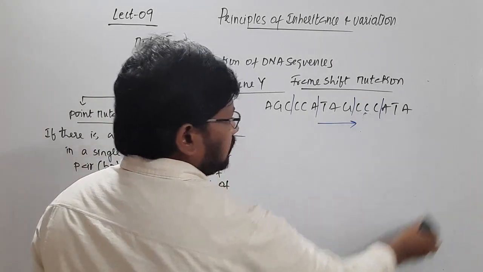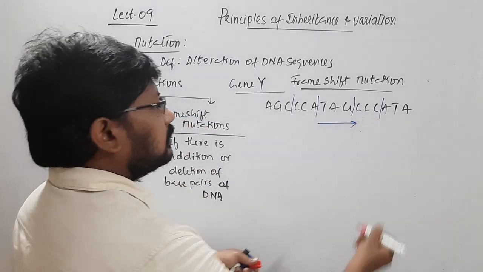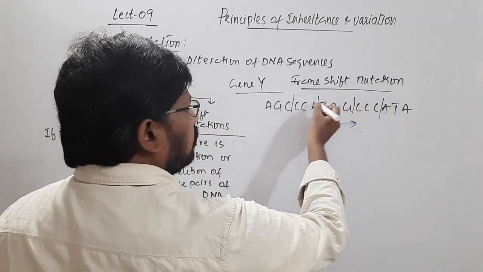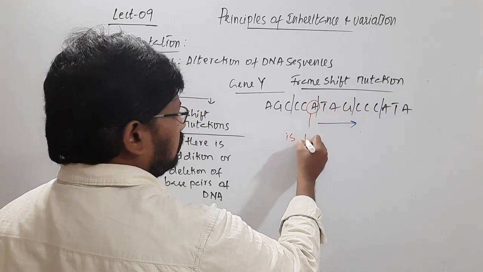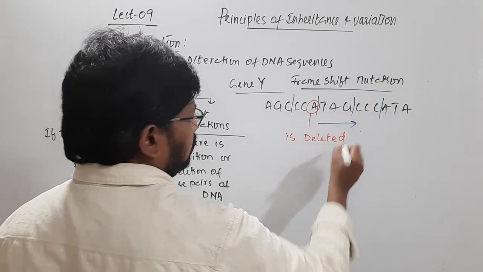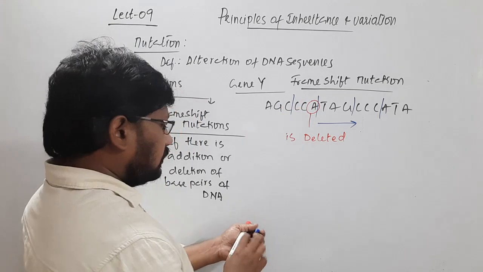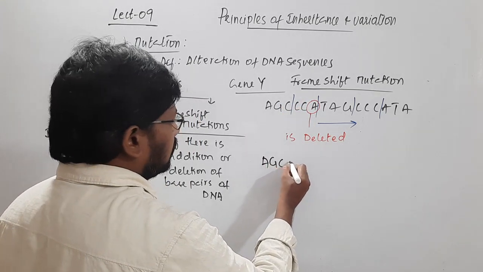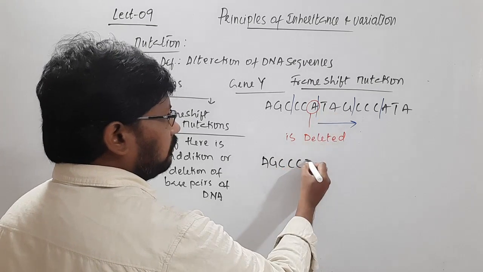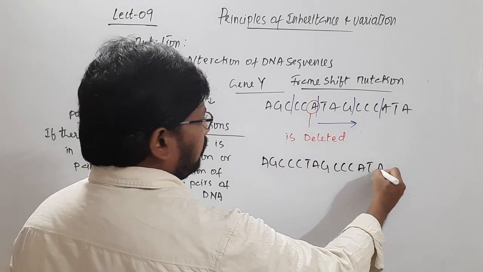In this case I'll take the same one. Say this A is deleted. So this nitrogen base is deleted. Then the sequence will be AGC, CC, the next one will be TAG, CC, ATA.